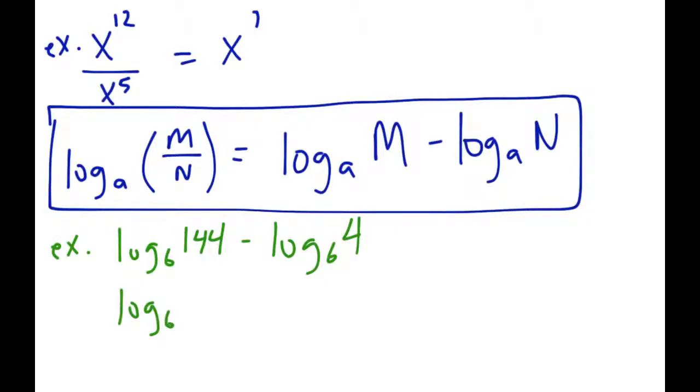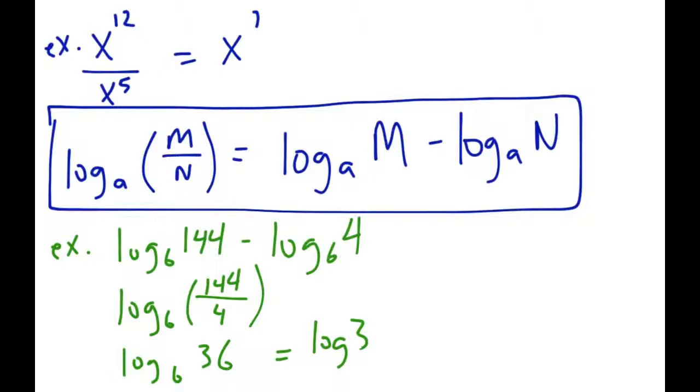So that means it would be the same thing as 144 divided by 4, which on your calculator is 36. And just like the last question, we can either change it back to exponents, or you could just do the division, log 36 divided by log 6, whichever way you want, and that'll give you an answer of 2.